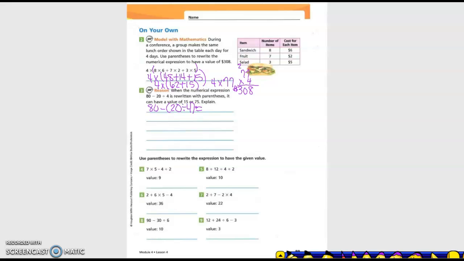So 80 minus, what's 20 divided by 4, guys? 5. So 80 minus 5 is 75. But if we put the parentheses 80 minus 20 in the parentheses divided by 4, okay, what's 80 minus 20? 60. And then 60 divided by 4 is, okay.